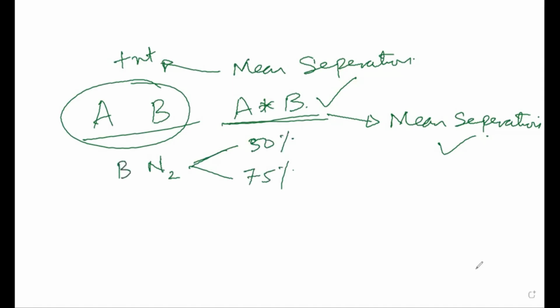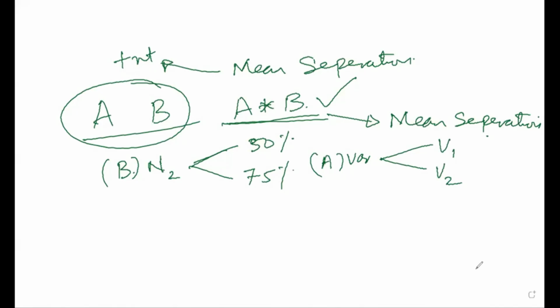This is my factor B. My factor A, let's say, is variety. Factor A is actually variety. Let's say variety 1, variety 2. Clear? I'll talk a little on theory, then we will go for practice.